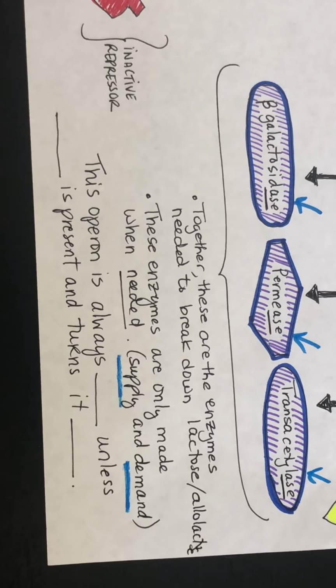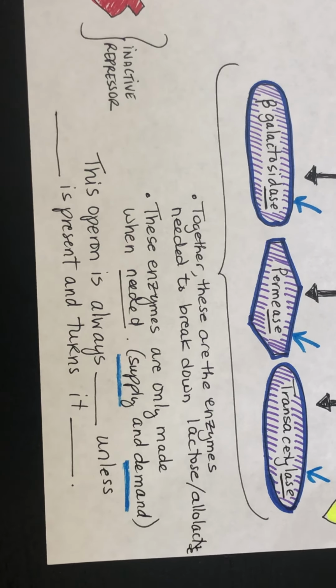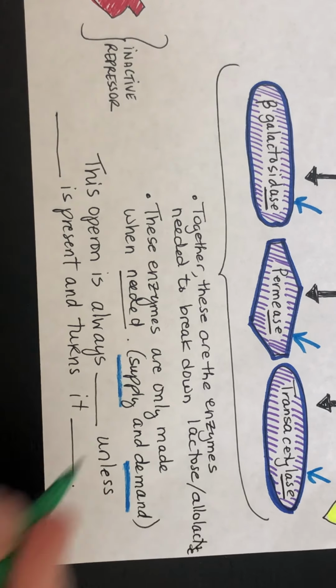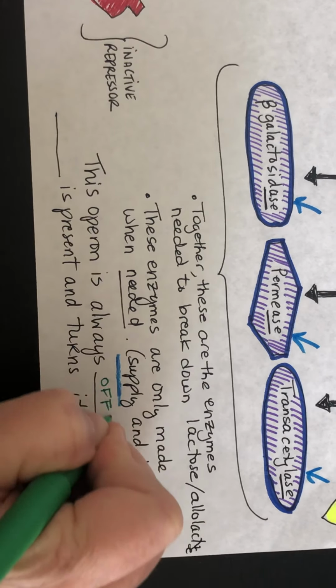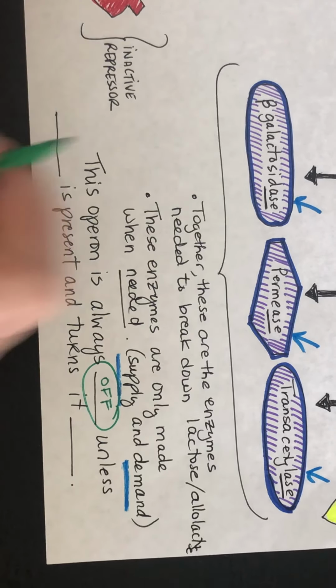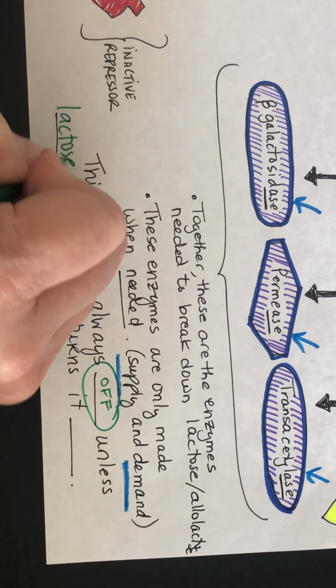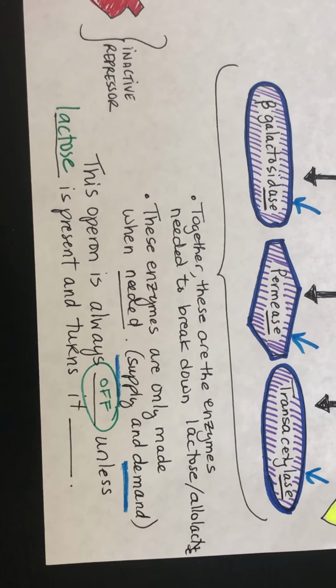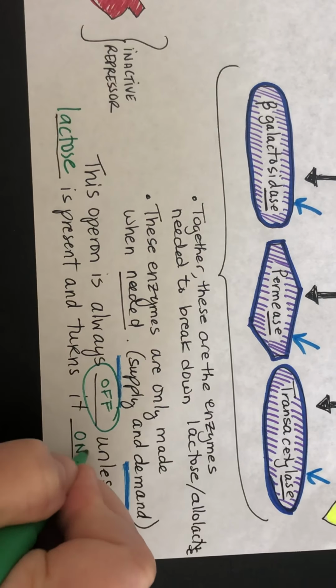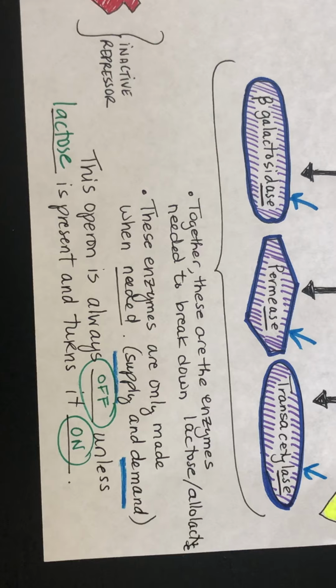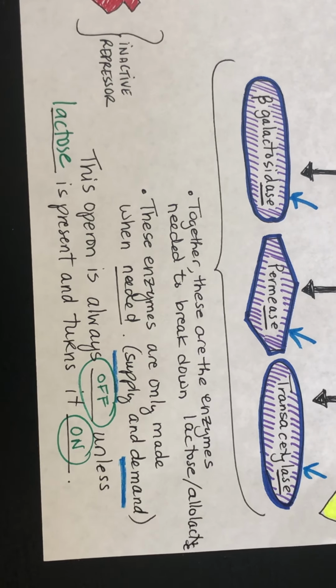Okay? And then to fill in the blanks here, this operon is always off unless lactose is present, and that lactose turns it on. Okay, so what do you think is going to happen when all the lactose gets broken down?